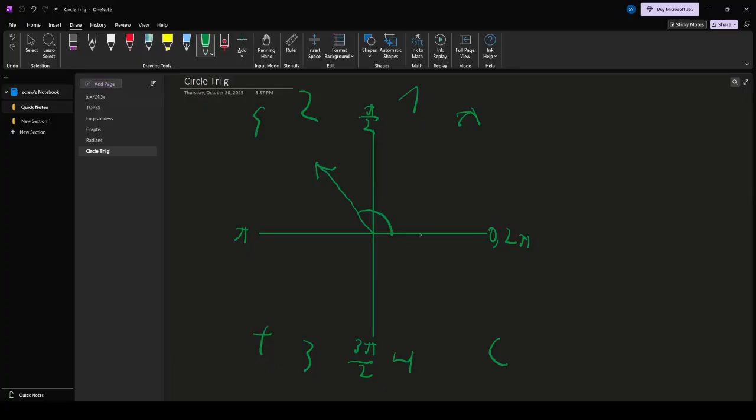Now don't forget this is a coordinate plane. So obviously this will be your positive x, this will be your negative x, this will be your positive y, and your negative y. You're usually given a point, and then you can use that point to make the required triangle.